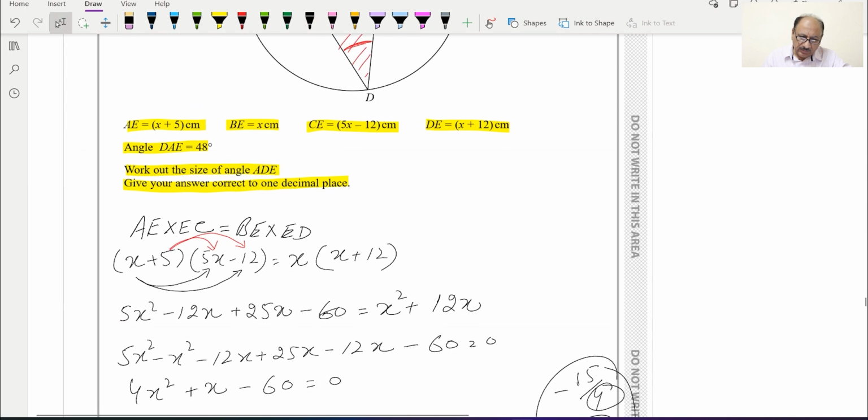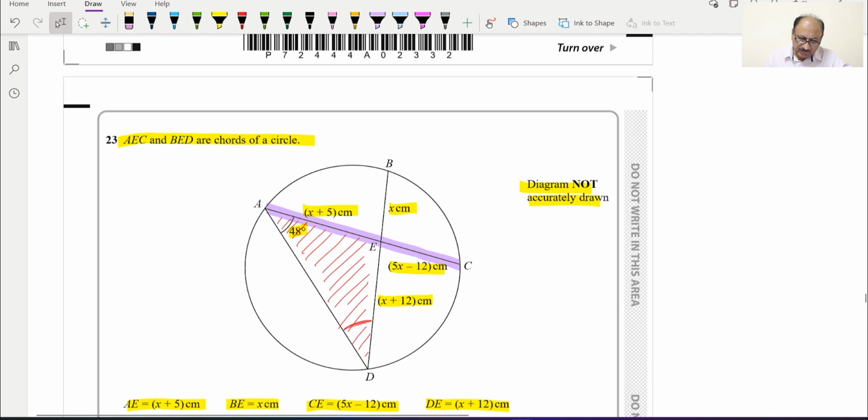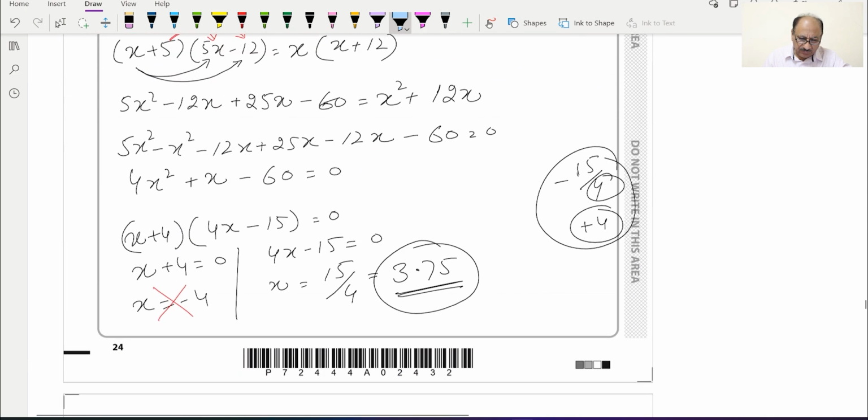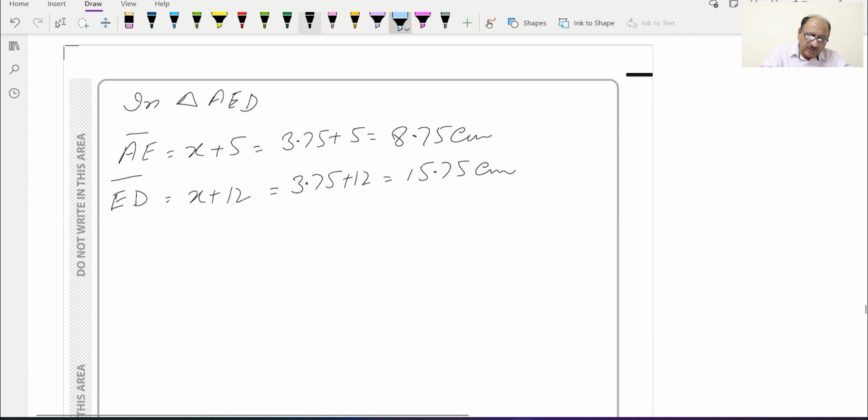Now in triangle AED we can apply the sine rule.